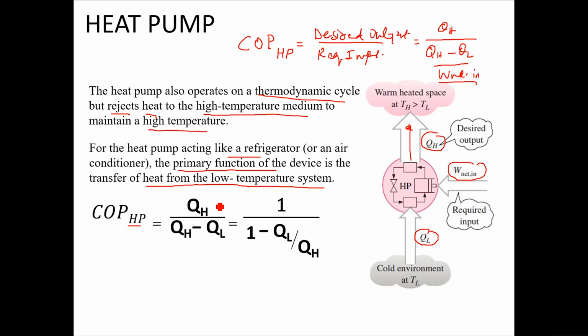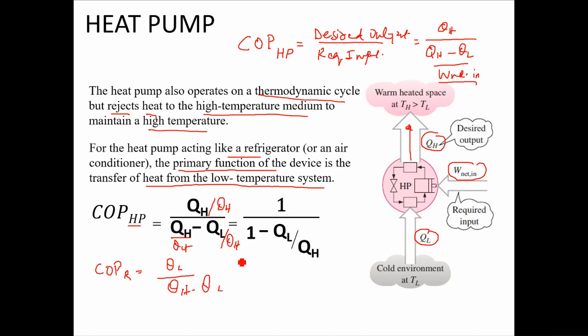And if you divide every term by QH, so QH divided by QH, and QL divided by QH, you would essentially have 1 on the top, and 1 at the bottom minus QL over QH. Is it clear? Yes, sir. All right. Now, if you remember, COP of refrigerant was QL over QH minus QL.